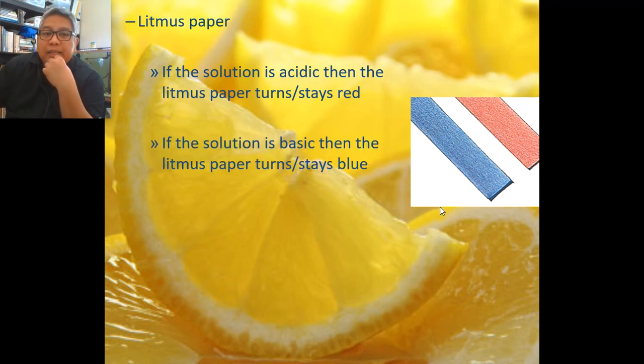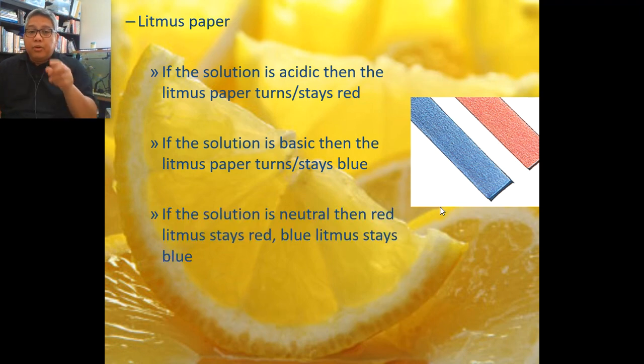If the solution is basic, the red litmus paper will turn blue, and the blue litmus paper will stay the same. If it's neutral, both litmus papers will remain the same: red will still be red, and blue will still be blue.